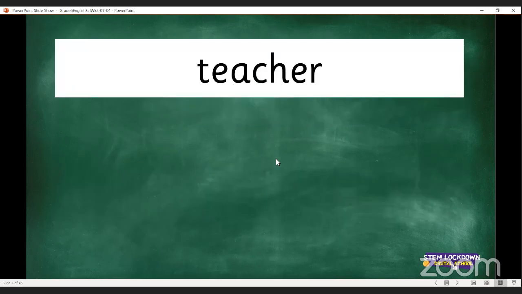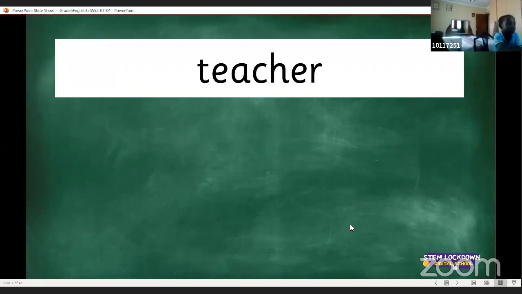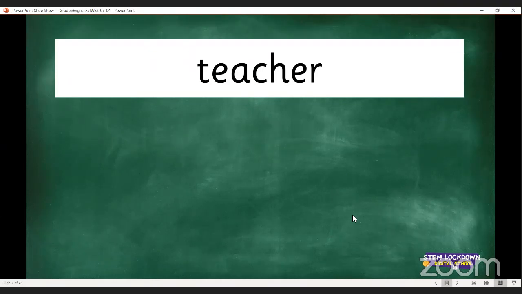Can you all read that word? Yes, ma'am. Awesome. Now, what if I was someone that did not know this word and could not read this word? How would I figure out what it says and how to say it? Does anybody have any suggestions for me?